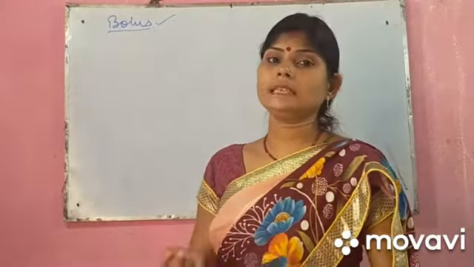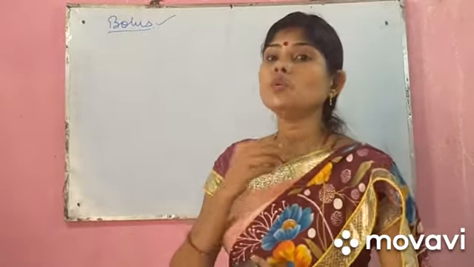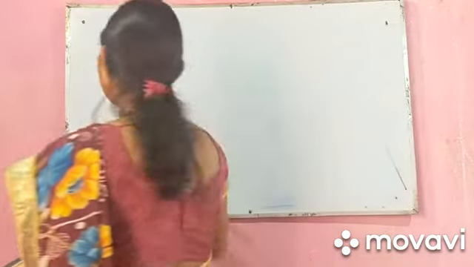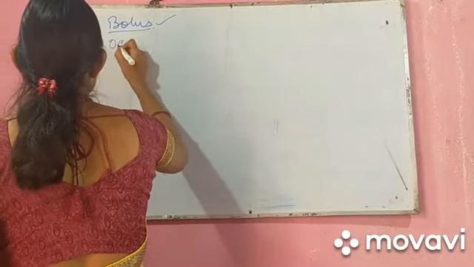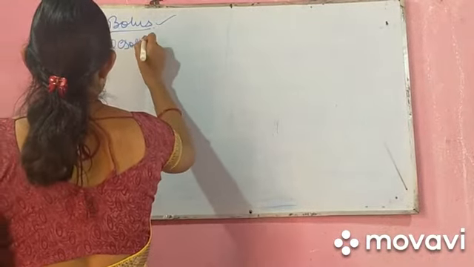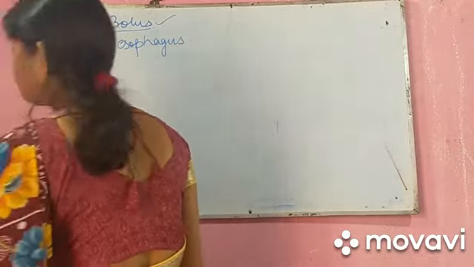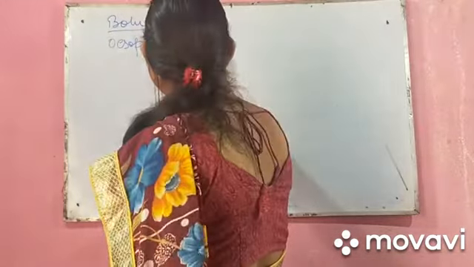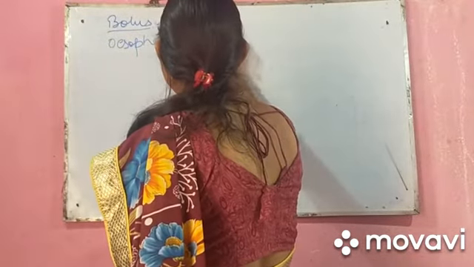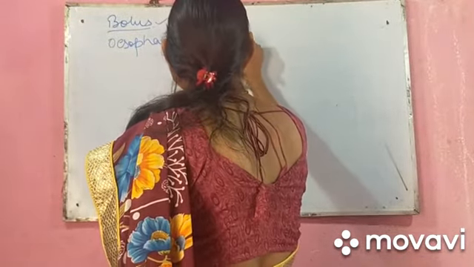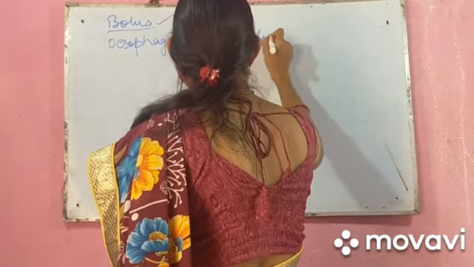Now this bolus enters the esophagus. Where will it go? Through the esophagus, by the help of peristaltic movement.